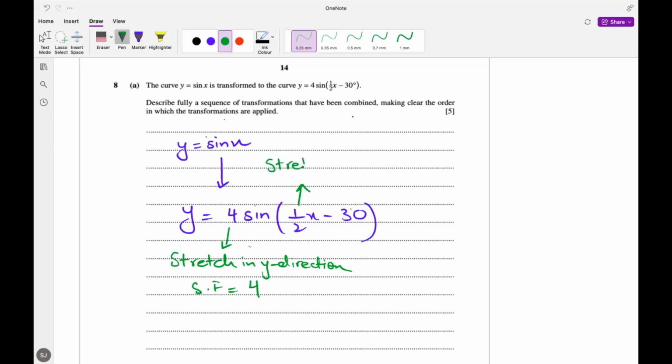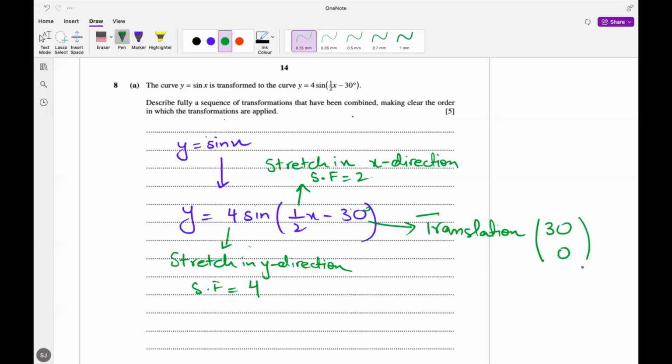So we'll write there will be a stretch in x direction, and the scale factor will be 2 as it is 1 upon 2. And this 30 degrees basically represents a translation, or a movement in the x or the horizontal direction, and the translation vector will be (30, 0).